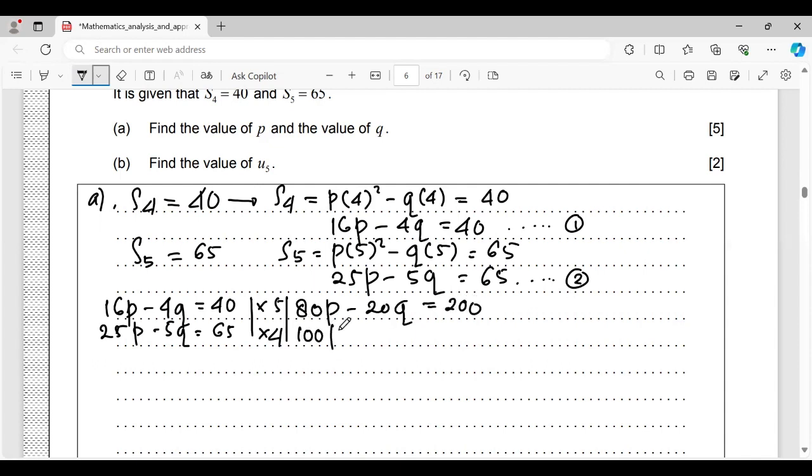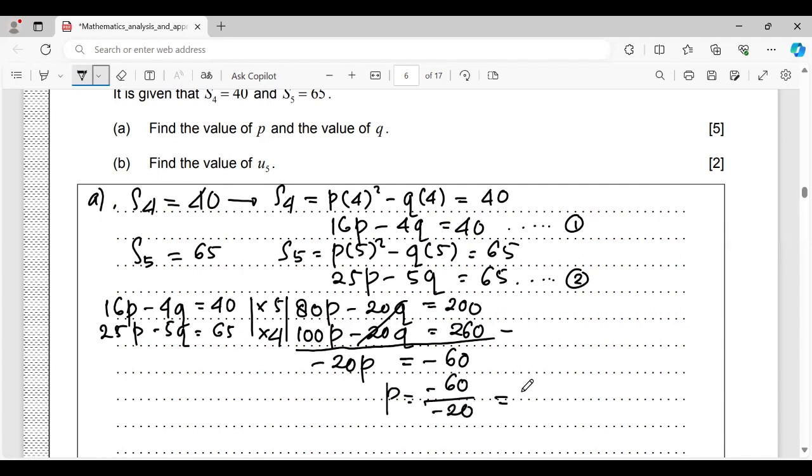It becomes 100p minus 20q equals 260. Subtract, eliminate q: 20p equals 60. So p equals 60 over 20 equals 3.